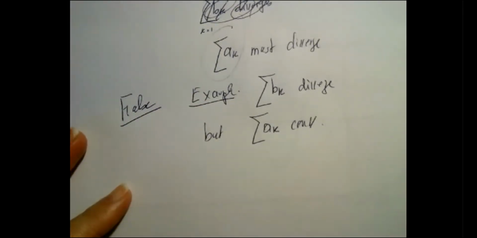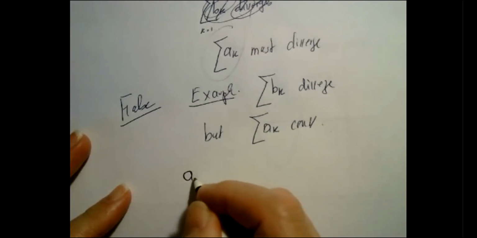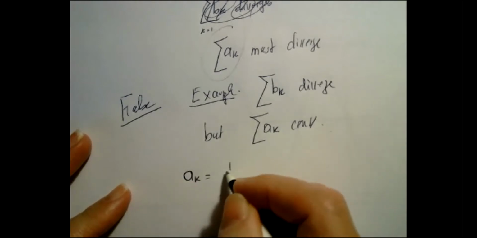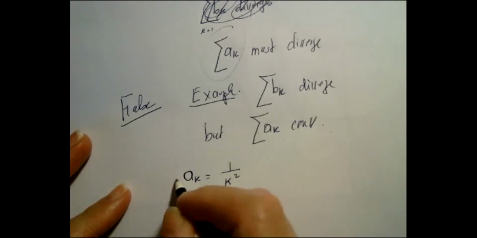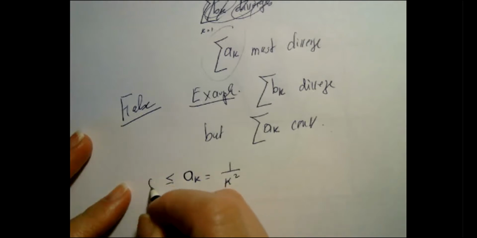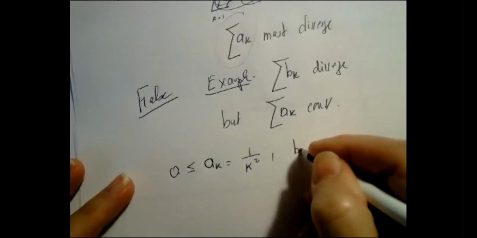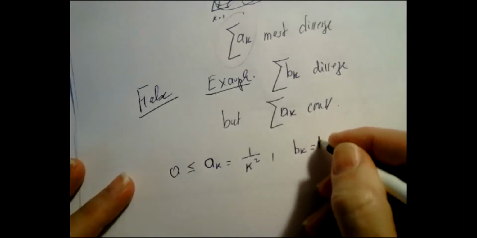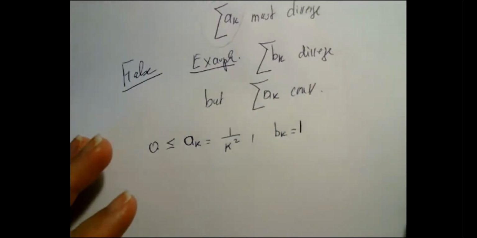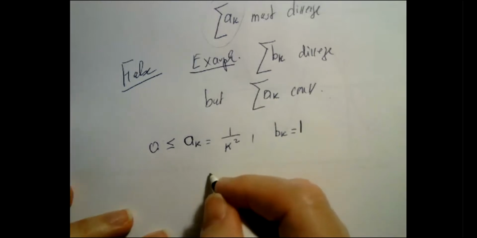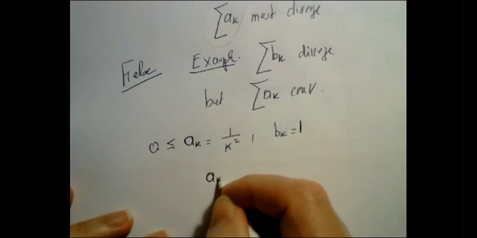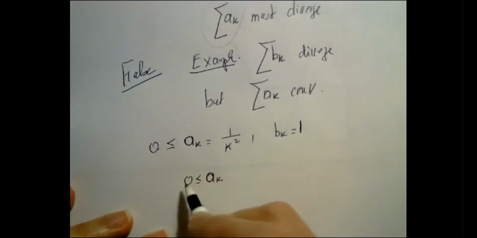The one I put in my solution: I'm going to take AK to be 1 over K squared. It is positive because my hypothesis says things should be positive. BK, very easy: I'm going to take BK to be 1. Very, very easy examples. So now the property is satisfied.